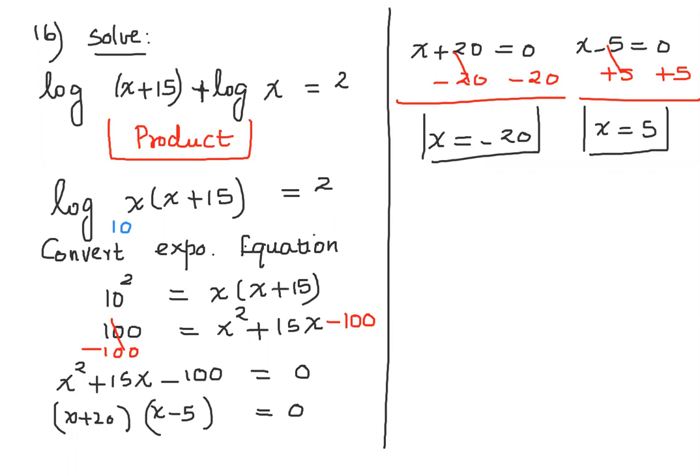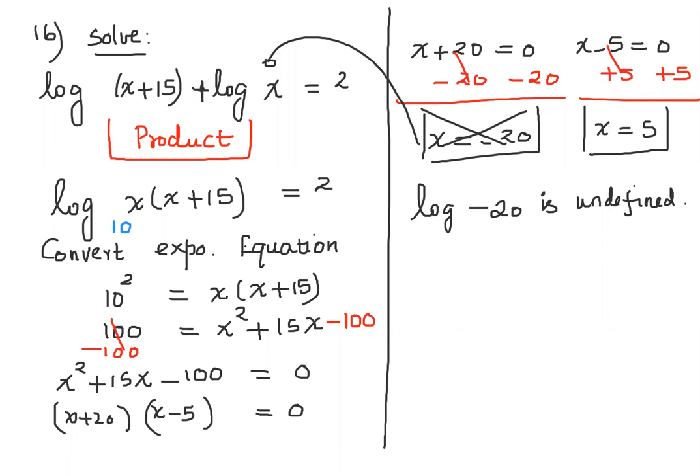But when you go back and plug negative 20 for x, log of negative 20 is undefined. So you always have to go back and check. So this is not our solution. The only solution is x equal to 5.